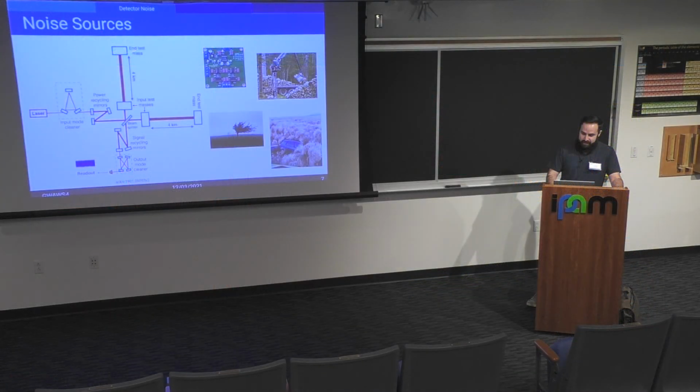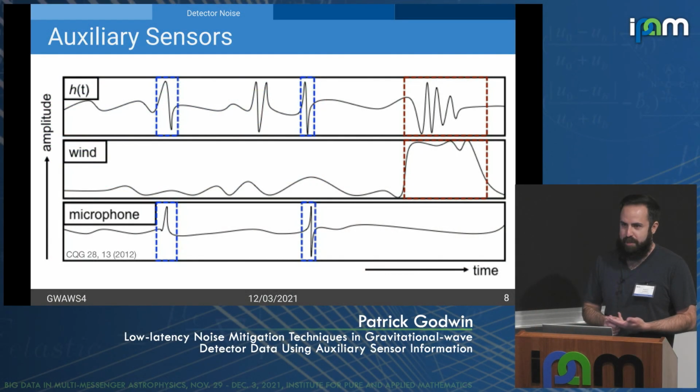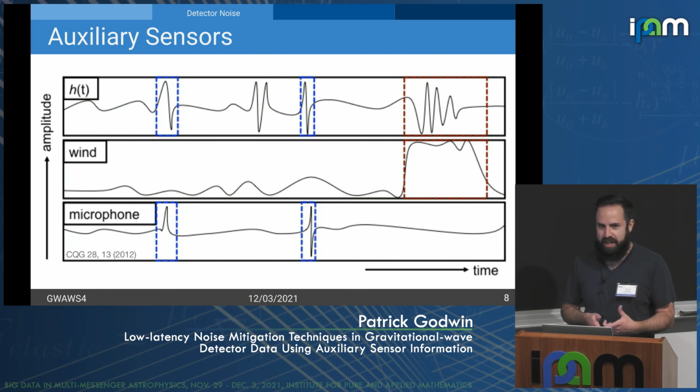For this reason, we have many different auxiliary sensors in addition to the gravitational wave strain. A lot of these, for example, in Gabriele's talk, are used to control the instrument itself, for example, for the lock acquisition.